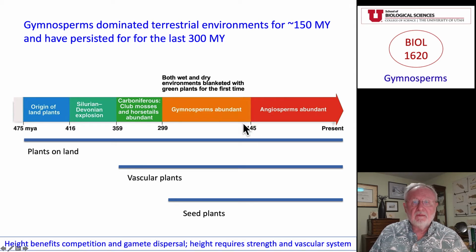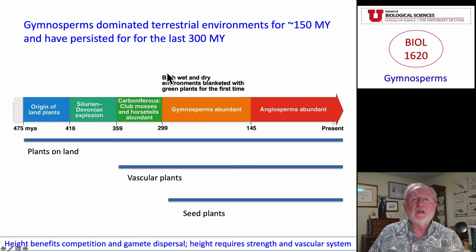Since that time, we've seen the emergence of yet another group called the angiosperms, and today, angiosperms are the most abundant of the plant forms we have. So we need to understand why gymnosperms emerged, and then why angiosperms not only emerged, but became the predominant plant form on Earth.